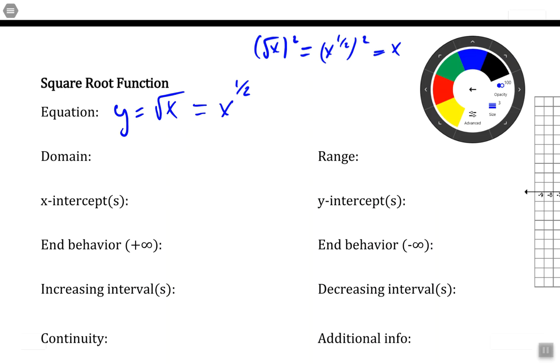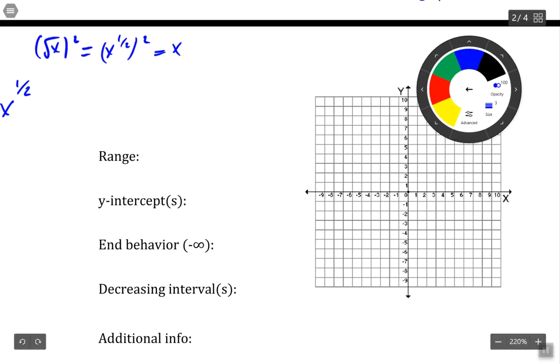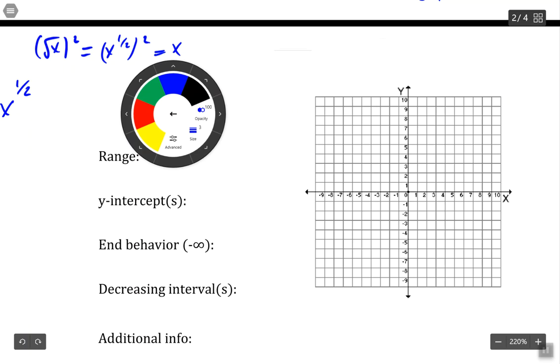Okay, I'm going to graph this first before we try to fill all this in. This is what you should have learned to do in Algebra 1, Algebra 2. So the square root of 0 is 0, right? The square root of 1 is 1.